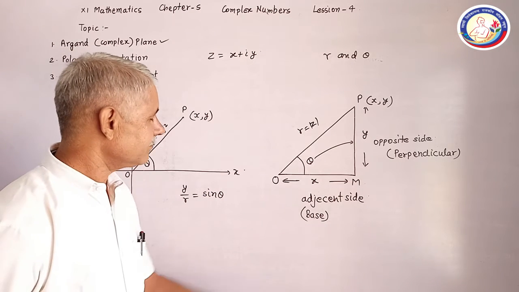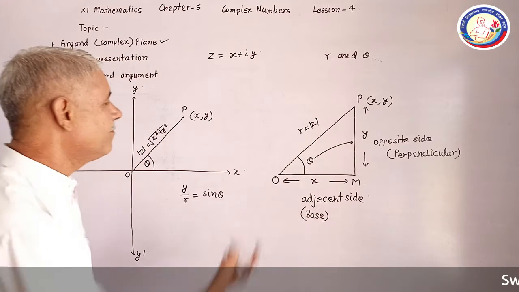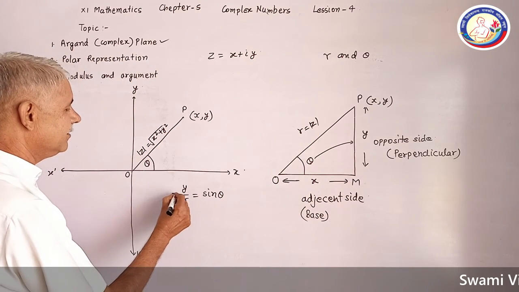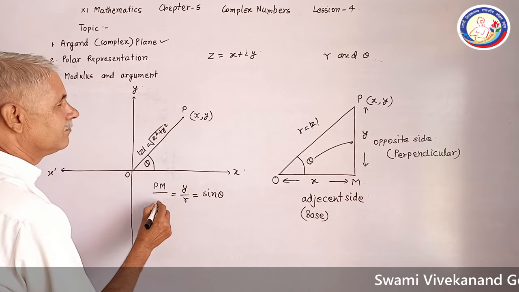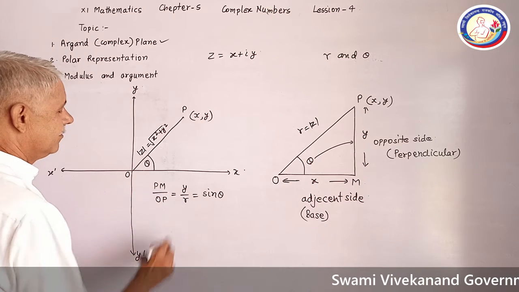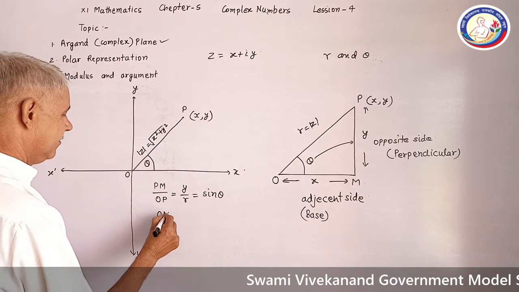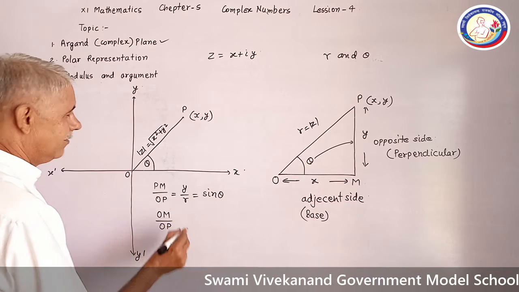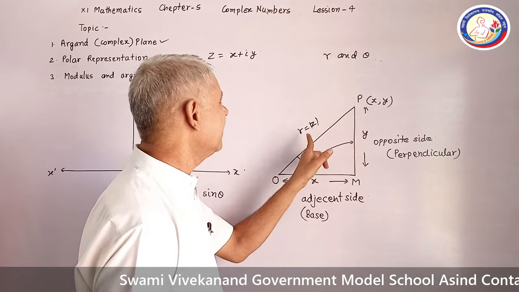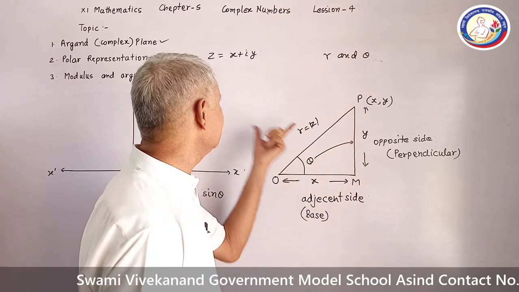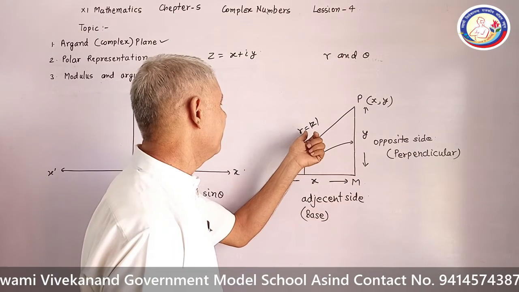Now, this base divided by this side, OM upon OP, we can write as PM upon OP. Again, we can write OM upon OP. One known side, we can say that this r is known to us because we want to express it in polar form.